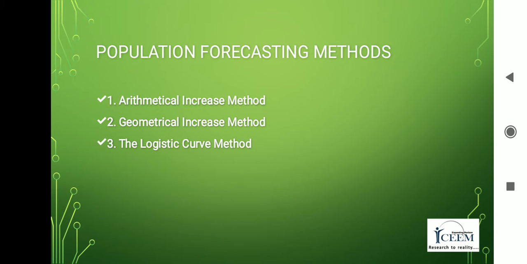The different standard methods of forecasting population are three: first the arithmetical increase method, second the geometrical increase method, third the logistic curve method. Let's see in detail one by one.